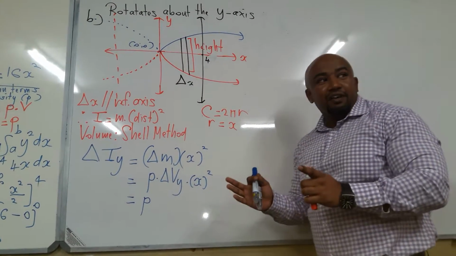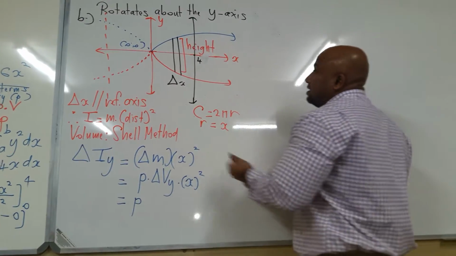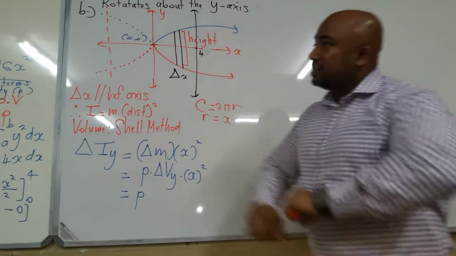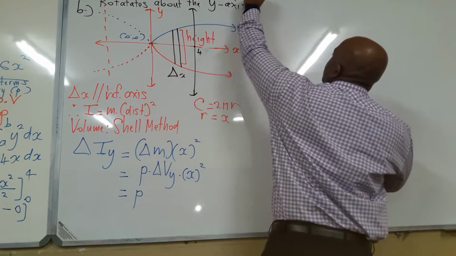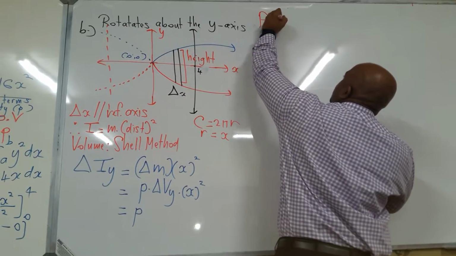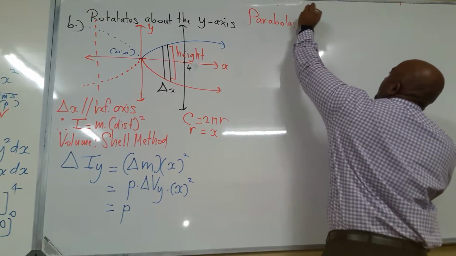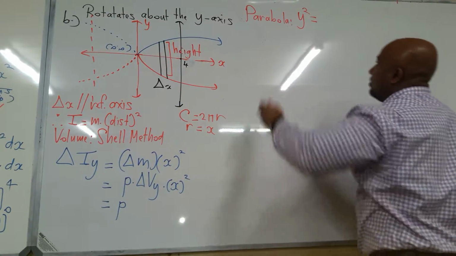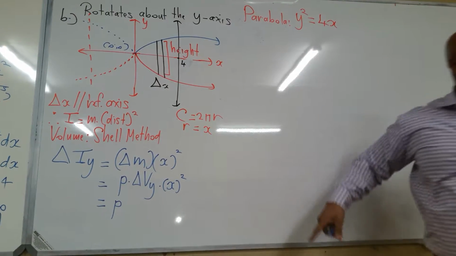If you interpret the graph this way, above the x-axis, what is the equation of this parabola? The equation of the full parabola, we know that y squared is equal to 4x. That is the full parabola.